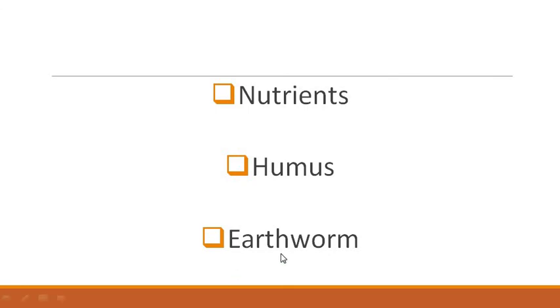Okay, the next one is earthworm. I showed you the photo of the earthworm the first time when we were discussing the question answers of the objectives of the lesson. Yes, I am pretty sure that I have shown you the picture of the earthworm during the first lecture of lesson 4. Anyways, now repeat after me.